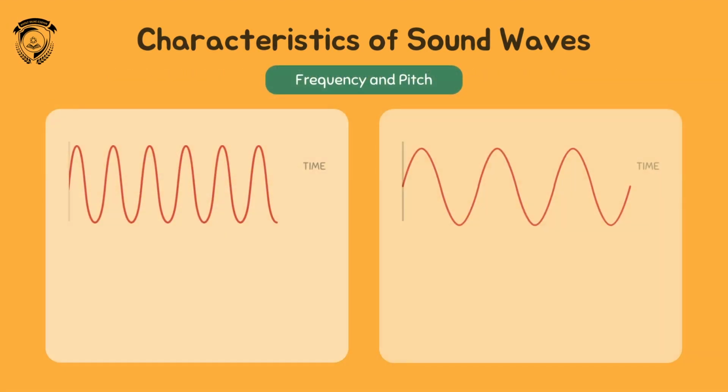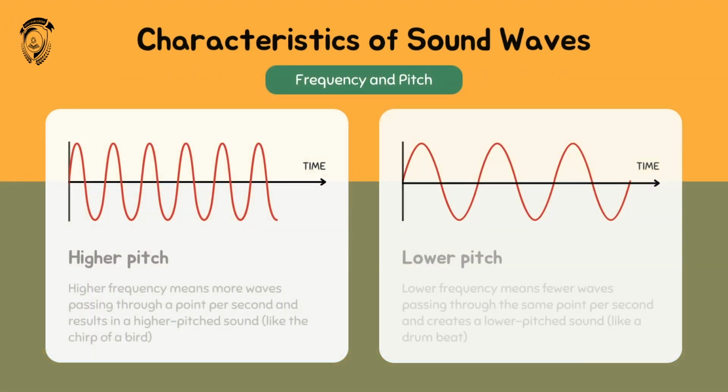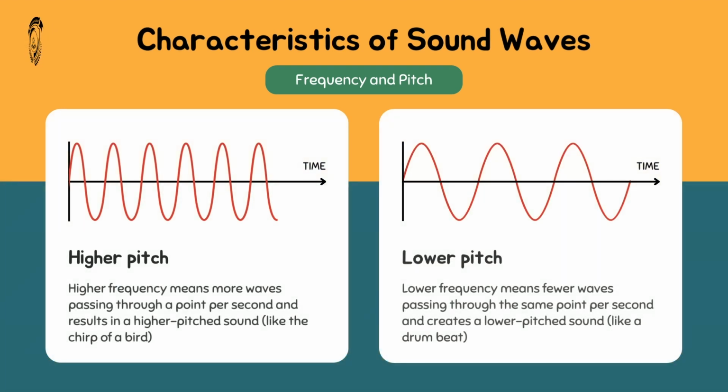What's the relation between frequency and pitch? When we say something has a higher pitch, we mean it has a higher frequency. What does it mean? We mean that there are more waves passing through a point per second, like the chirp of a bird.